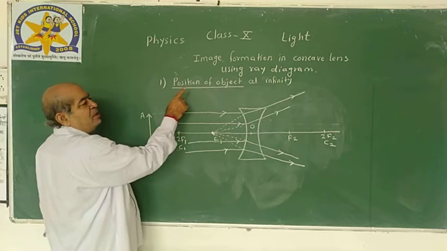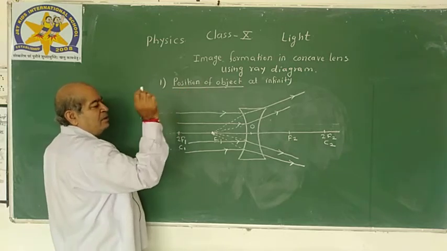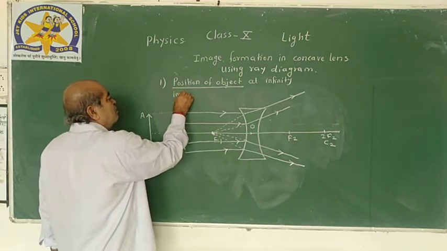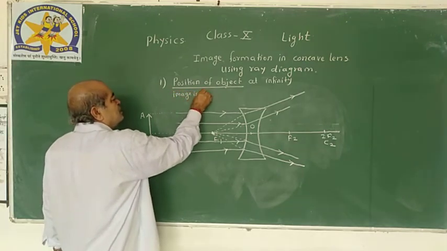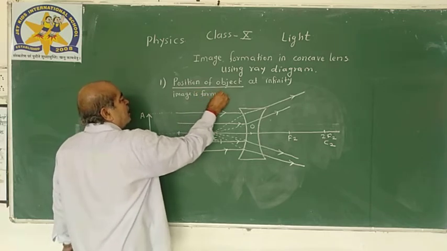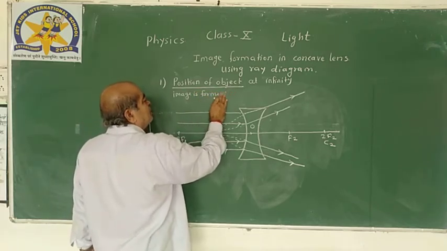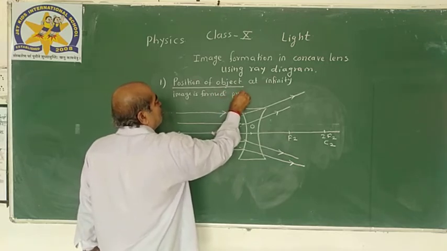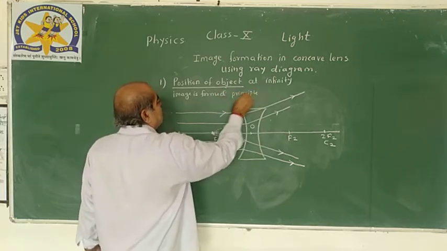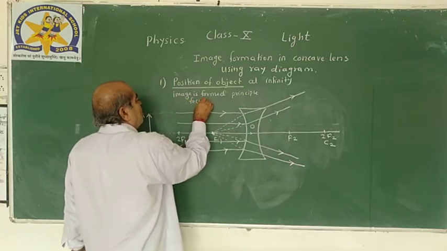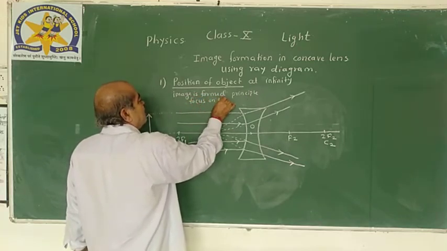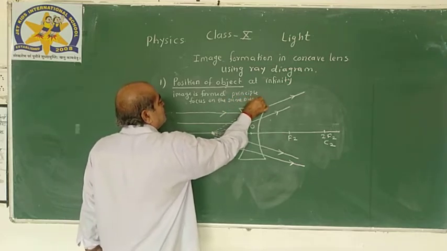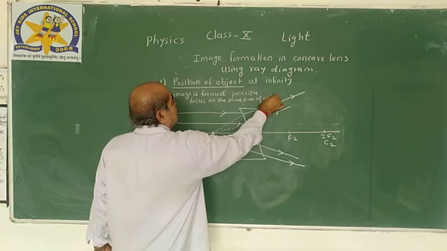Thus, when the object is at infinity, the image is formed at the principal focus on the same side of the object.